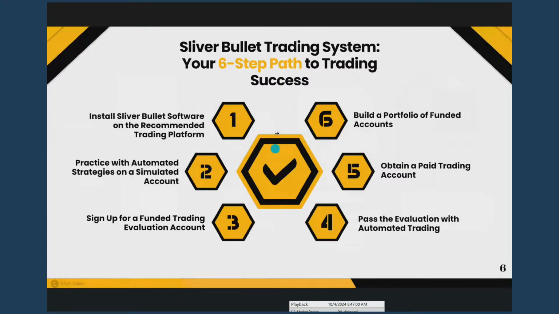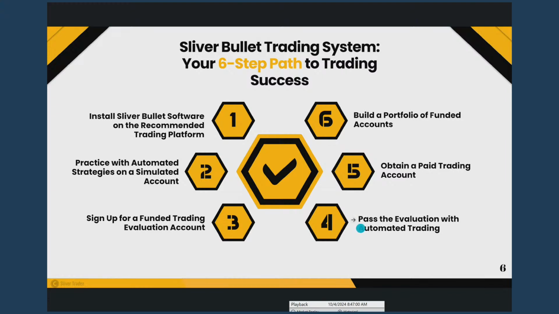A little bit about the details of this business model. How you go about it is that you open an account with NinjaTrader, and you install our software on the NinjaTrader platform, and then you sign up for a funded trading evaluation account and pass that account.